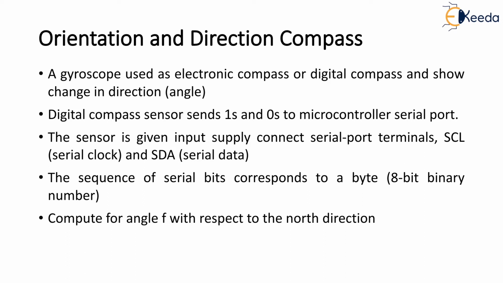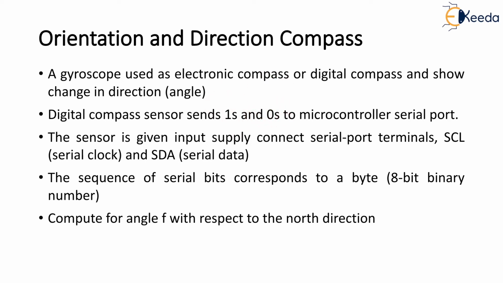So a digital compass is an electronic device used to detect the orientation or direction with respect to the north in degrees. A compass gives a digital output in terms of a sequence of ones and zeros.